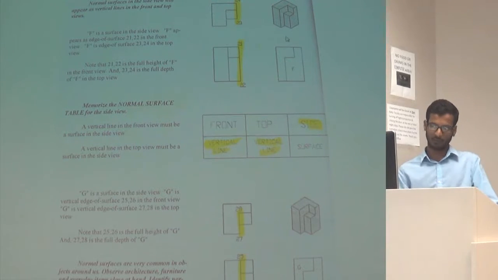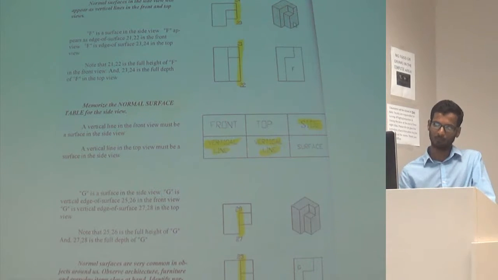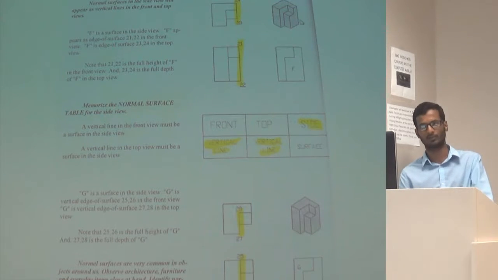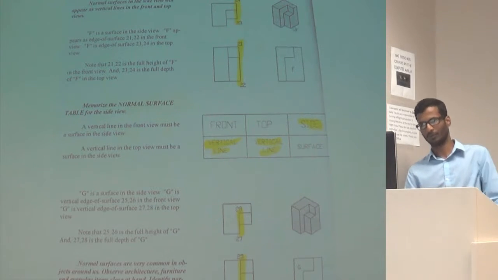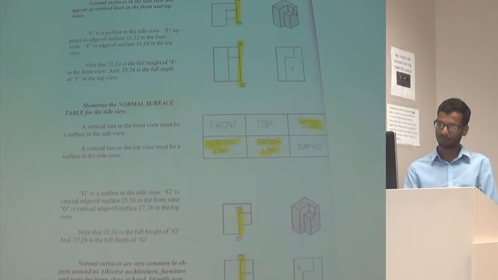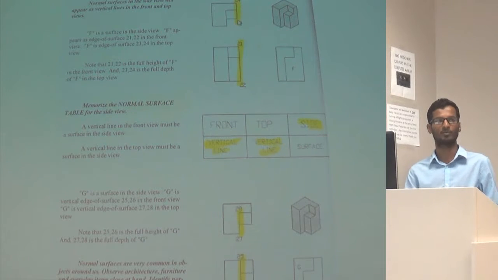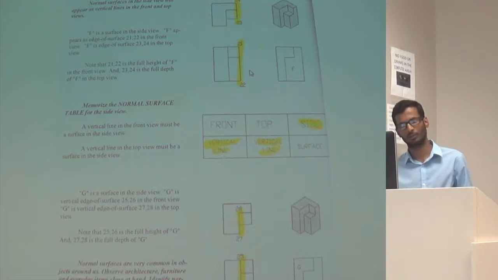The same surface, if I'm looking from the front view, I would only see that edge and that edge of surface F, which is a vertical line, 21 and 22. The same surface, if I'm looking from the top, I would see this edge and that edge, which is 23 and 24 from the top. So it is also a vertical line.